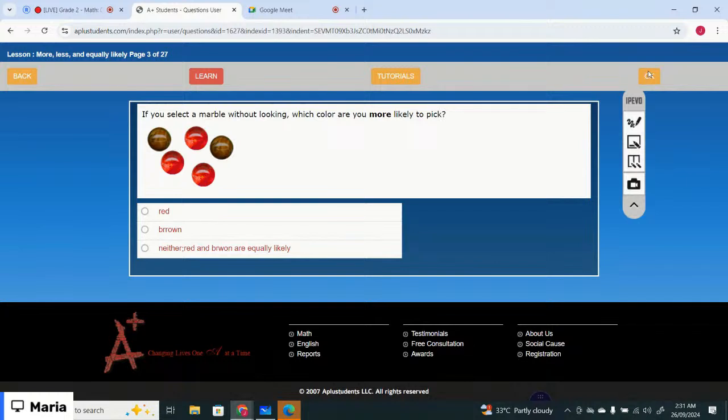The correct option is that you are more likely to pick the one that is more. So you have three red marbles and two brown marbles, right? So it will more likely pick the red one.